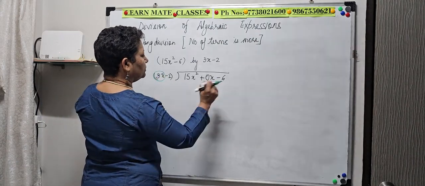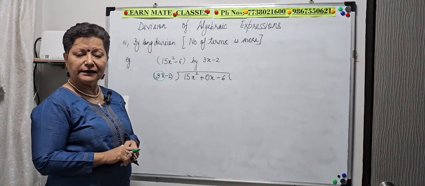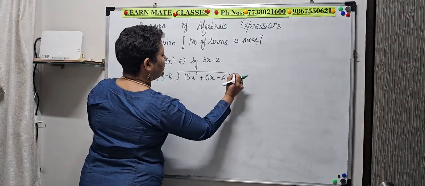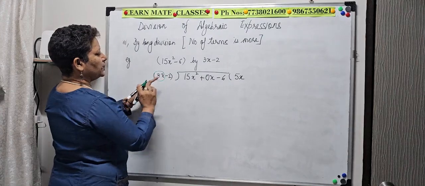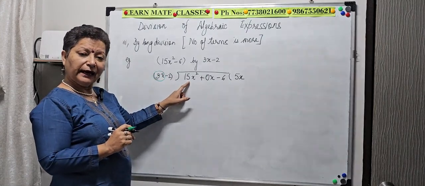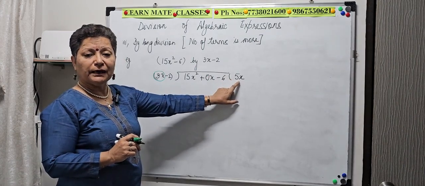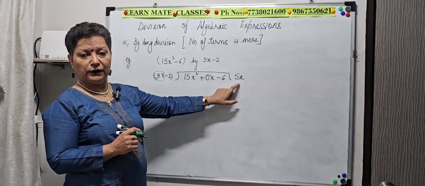What should I need to multiply in order to get a 15x square term so that I can cancel it? So if I multiply with 5x, what's going to happen? 5x into 3x is going to give me a 15x square, and when I subtract, that term will go. So this is how I am able to find out what my term in the quotient polynomial is going to be.